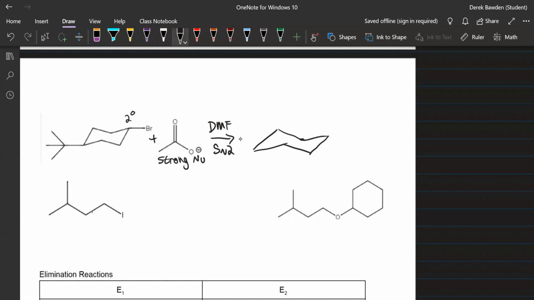So right now, in the original, the bromine is facing down. So which way is our nucleophile going to attach? Up or down? Nucleophile is going to attack up. Perfect. We have this right here. And our tert-butyl is going to remain the same.